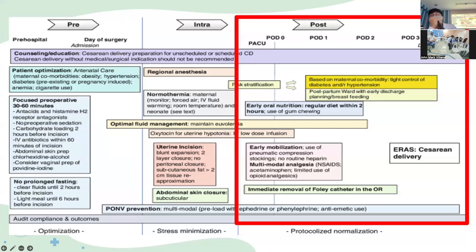Abdominal surgery. Yes. Dapat may. Yes. Wala po kasi so.